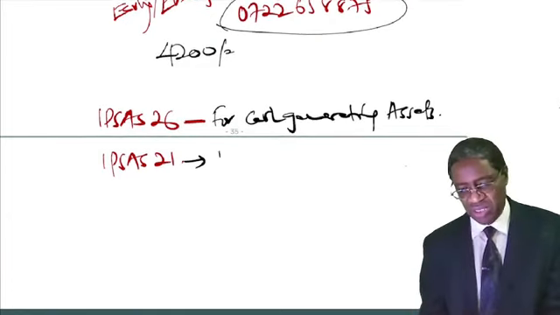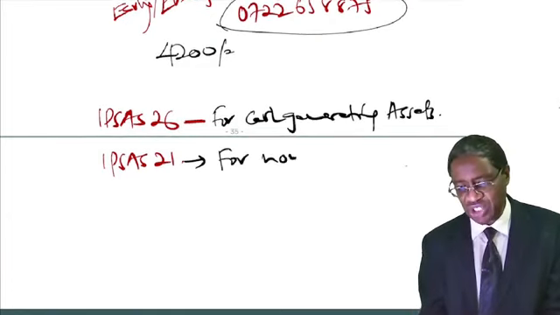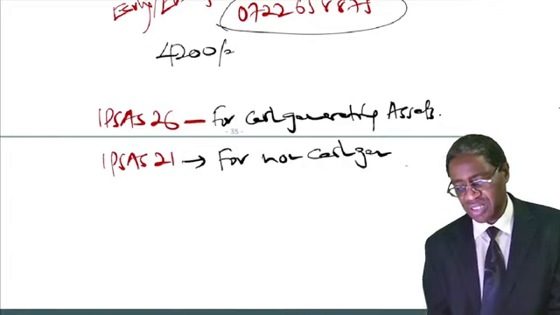So number 21 is normally for non-cash generating assets.